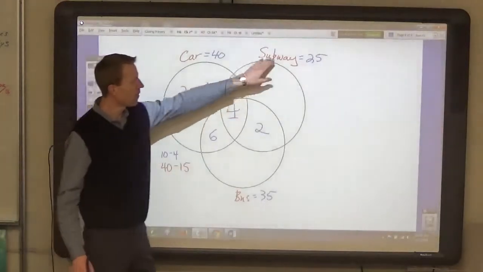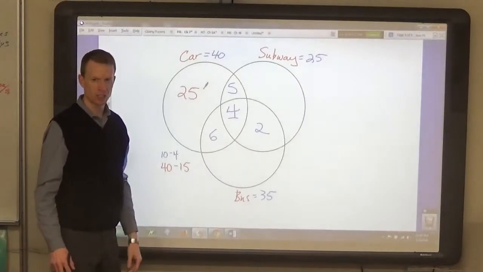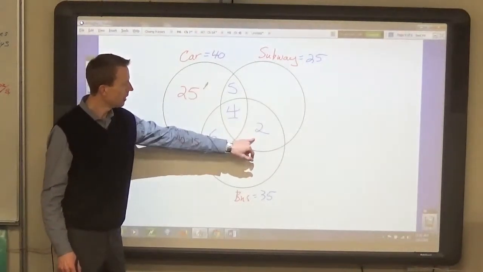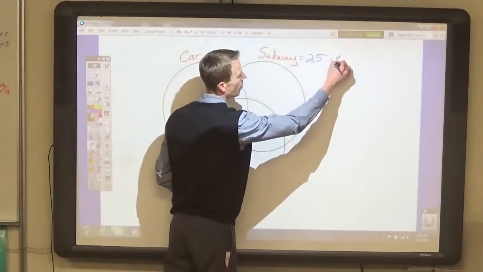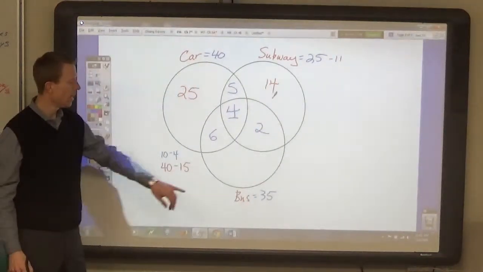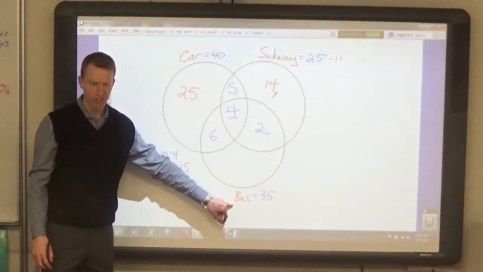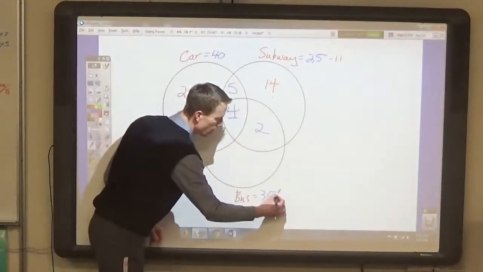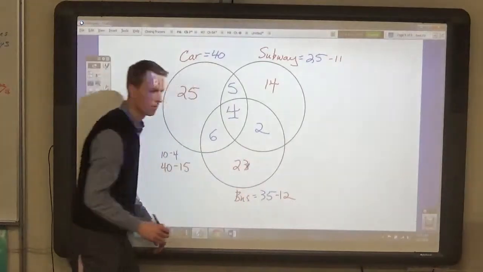And if we have 25 total that use the subway, how many only use the subway? 6 plus 5 is 11. We take away 11, and we've got 14. And 35, take away 12, is 23.